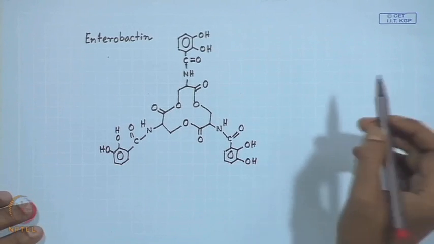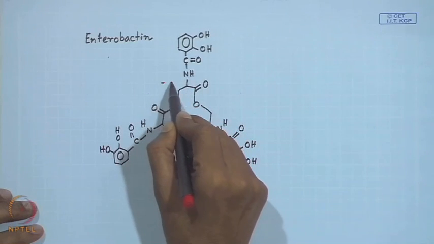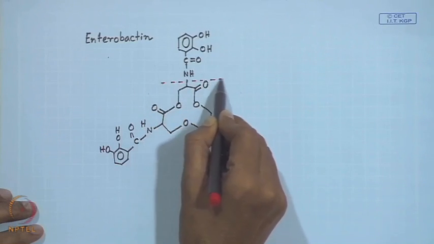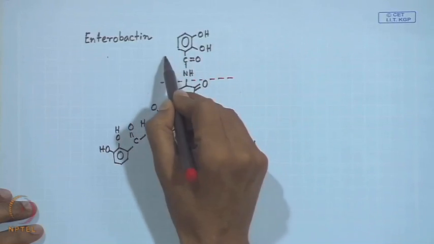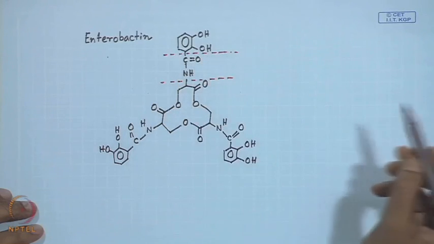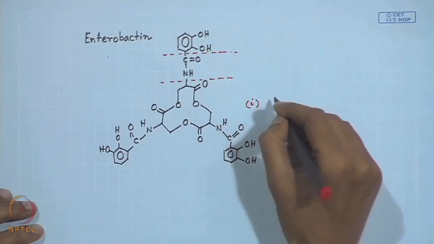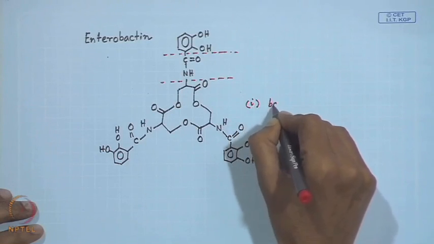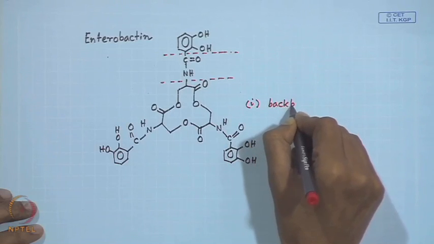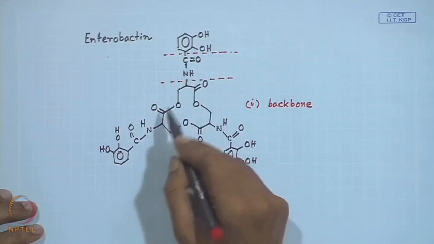So, this is your whole structure. It has three parts. The first part is your backbone, which is nothing but a triester.